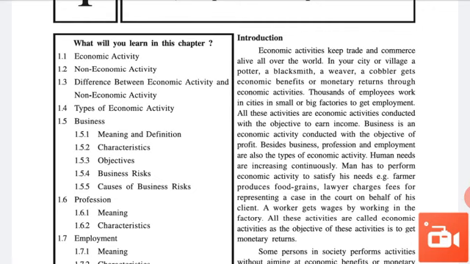Any activity one is doing, and in return for that activity he gains monetary things, I can say money. That is economic activity. In common parlance, it is an activity in which an employee gets money in return for the work done.